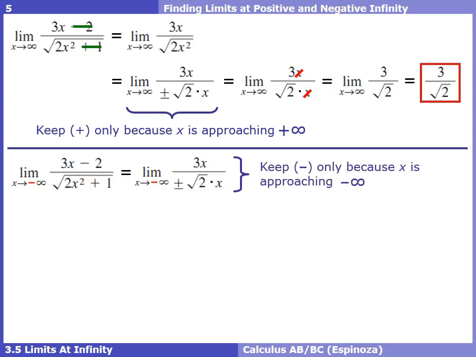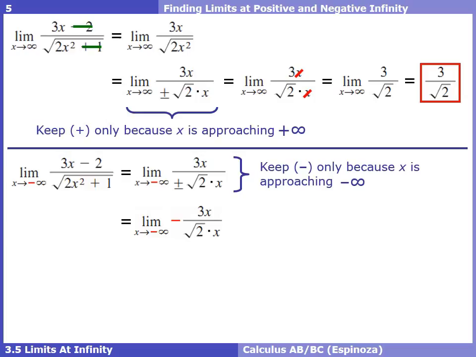But just like the one above, in this case though, we're only going to keep the negative portion of our answer because x is approaching negative infinity. So it's an important thing you're going to have to keep in mind anytime you end up with this positive negative. If you're going to positive infinity, we keep the positive. If we're going to negative infinity, we keep the negative. But again, luckily the steps are still the same.